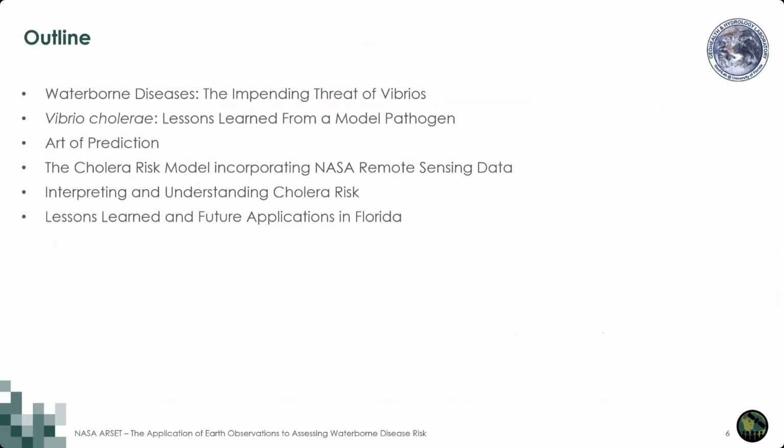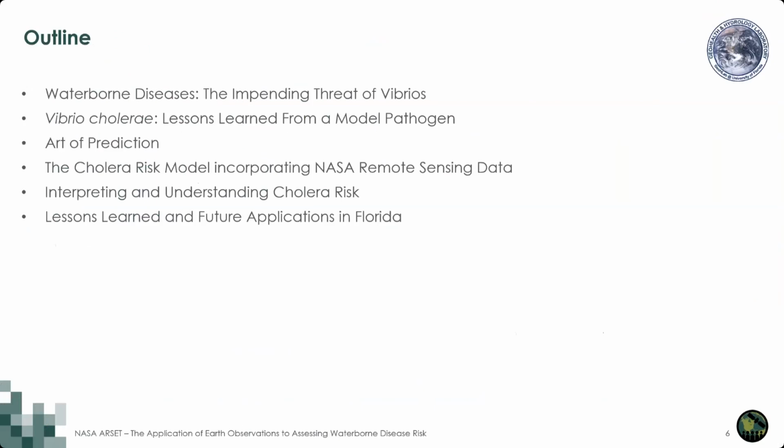of what kind of waterborne diseases exist, and what is their current threat to the US and to the world. We'll take a deep dive into one of the major waterborne pathogens of the world, which is known as Vibrio cholerae.